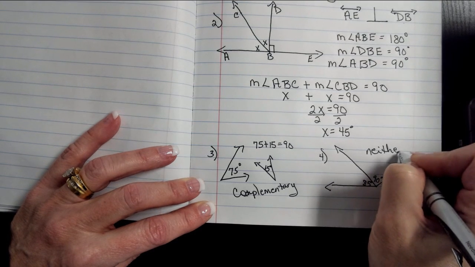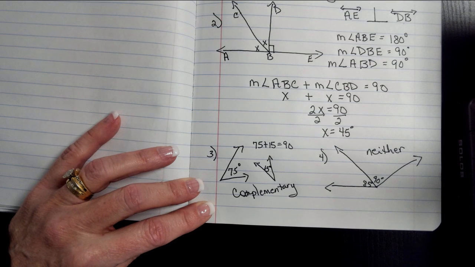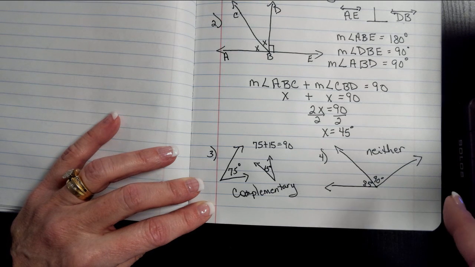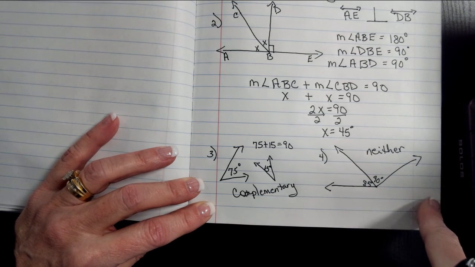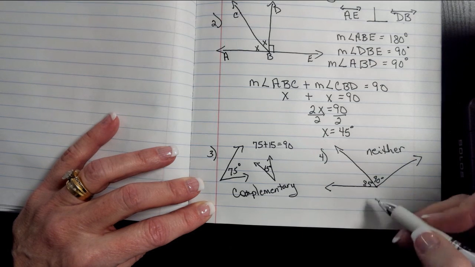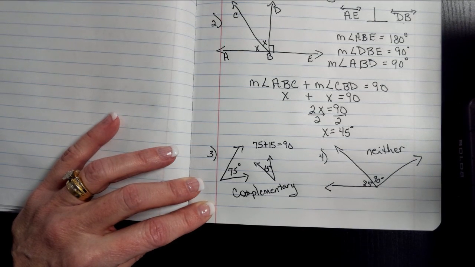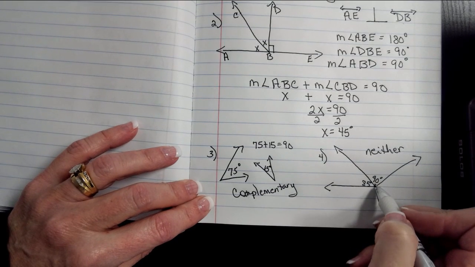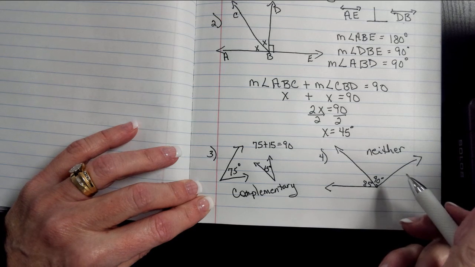No. What's 85 plus 90? 175. Now I didn't draw it accurately at all, because is that big angle really going to be 175 degrees? No. But you get the idea that it doesn't equal either, so it would be neither.